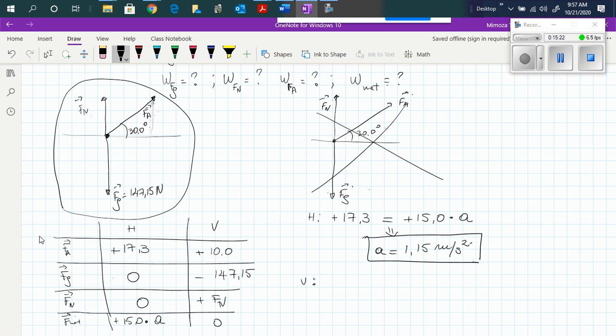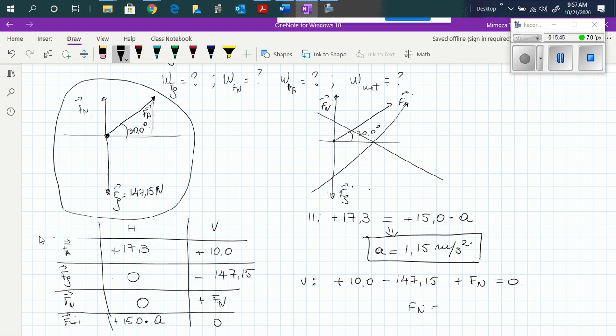And from the vertical, what do we have? See now what it is. Plus 10. So we don't even think, we just solve the equation. Minus 147.15 plus the force normal equals 0.